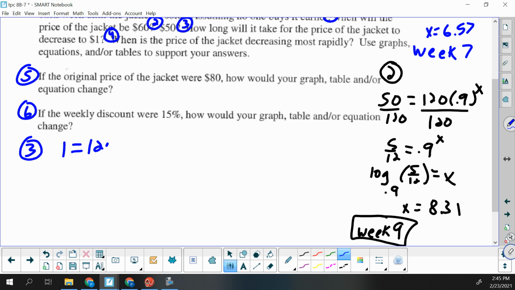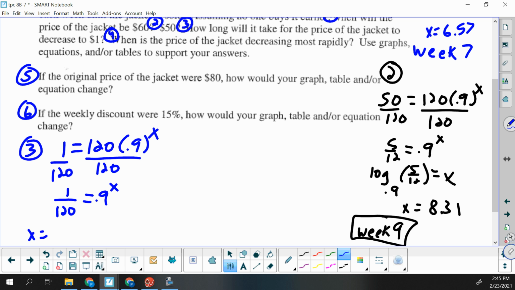We'll have 1 equals 120 times 0.9 to the x. Divide by 120. So we're going to have x equals log base 0.9 of 1/120th.